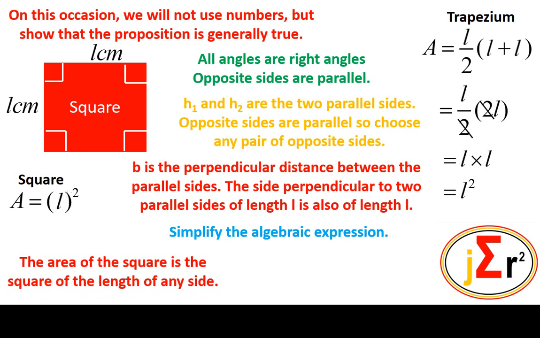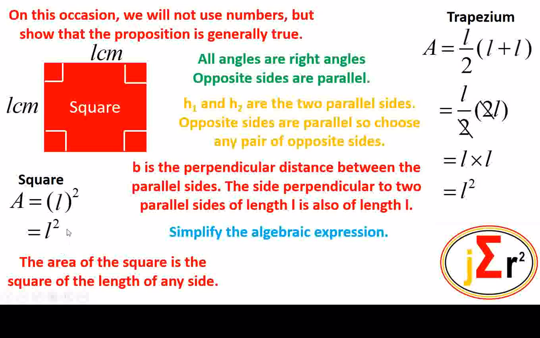We are just reiterating by showing it right here that the area of the square is the square of the length of any side. We know that already, and no doubt we will choose any of these to be substituted right there, and we have L squared.